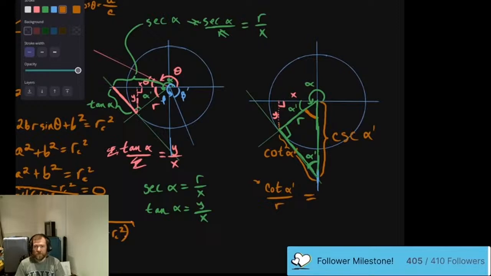That's going to be equal to, we go back to the small triangle, and we say that the one that is adjacent to alpha prime is x, divided by the one that is opposite it is y. And again, this was scaled up by a factor of r. So r cotangent, just forget that, ends up being cotangent of alpha prime is x over y.